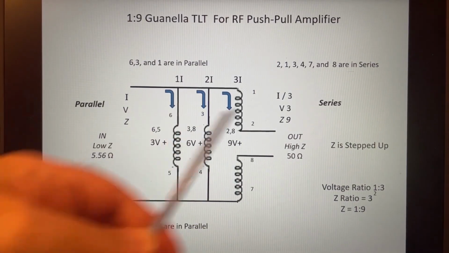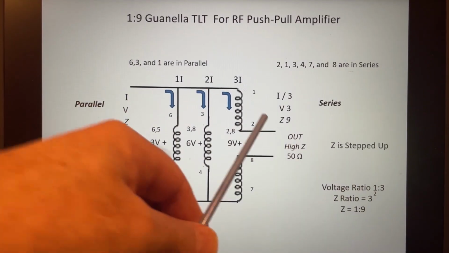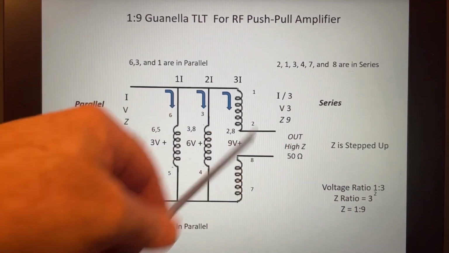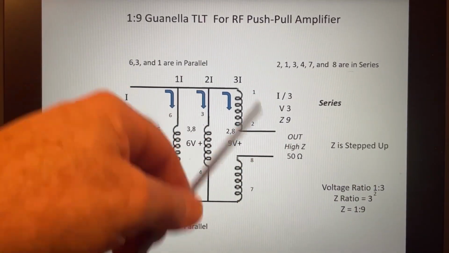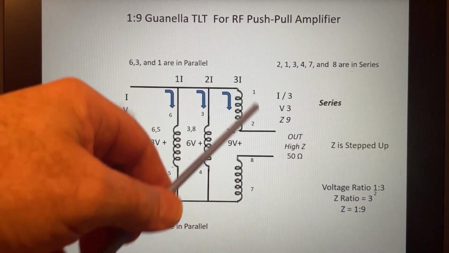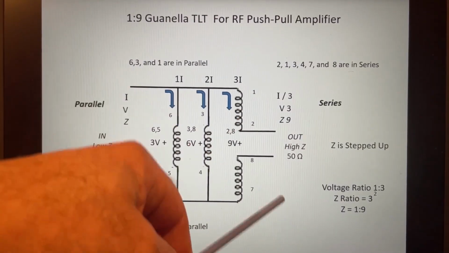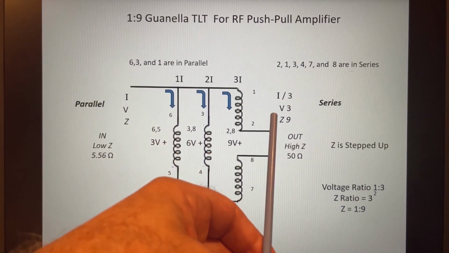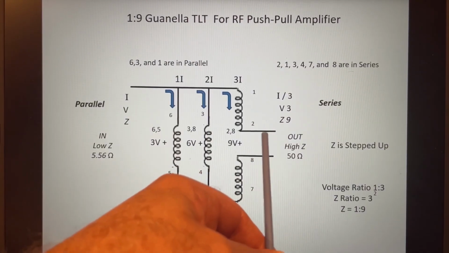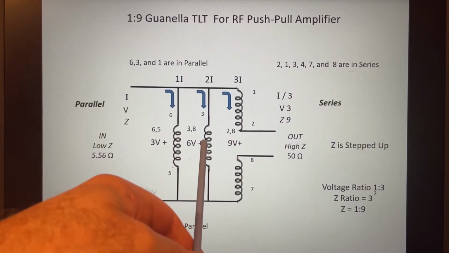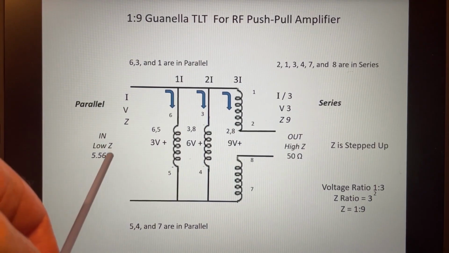Or if I go the other way, looking into the transformer, and that's incidentally how I'm going to test this because this side is unbalanced, and it's easier to do that way with your function generator, you're going to see that we'll have 9 volts, then 6 volts, then 3 volts.